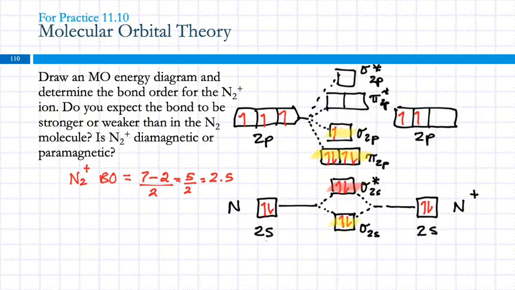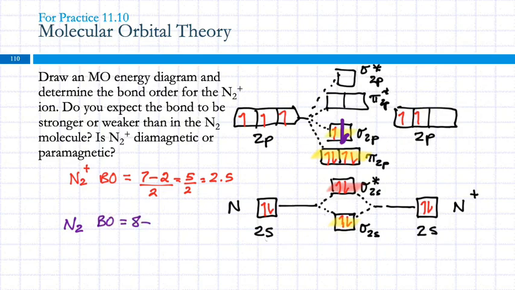If I make it N2 rather than N2 plus, then I'm adding an electron in there. That's where the next electron would go. So with this diagram, how many electrons are in bonding orbitals? 8, right?